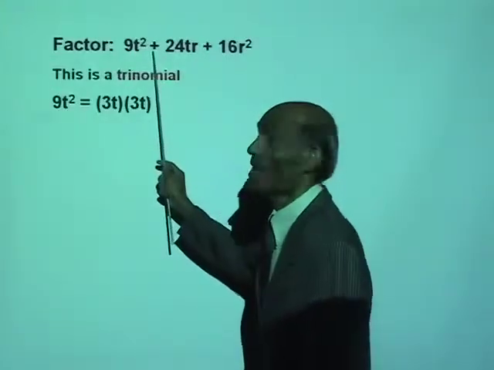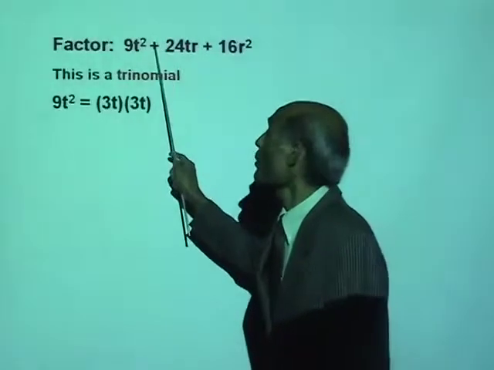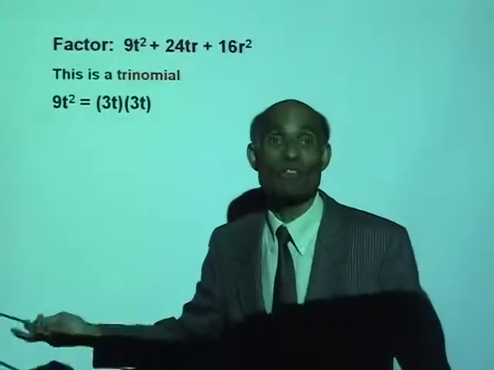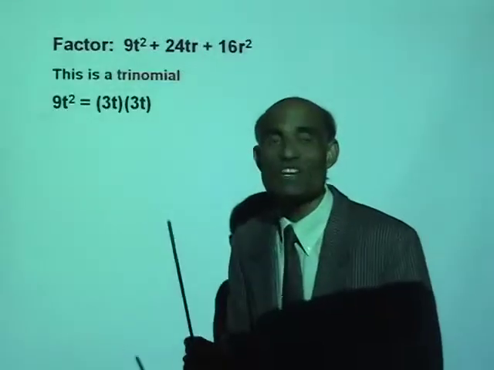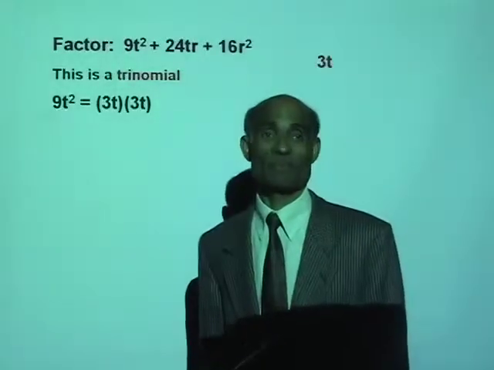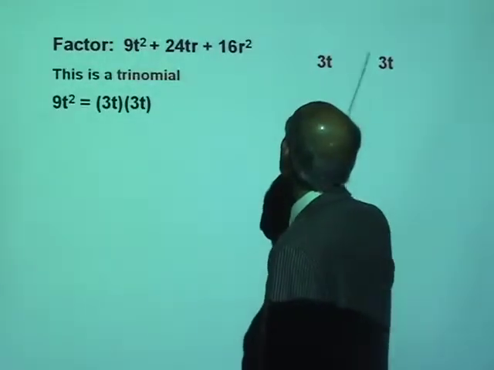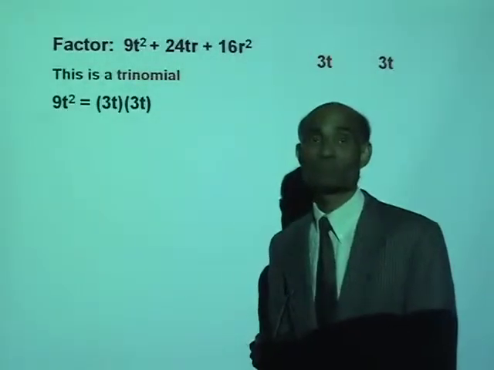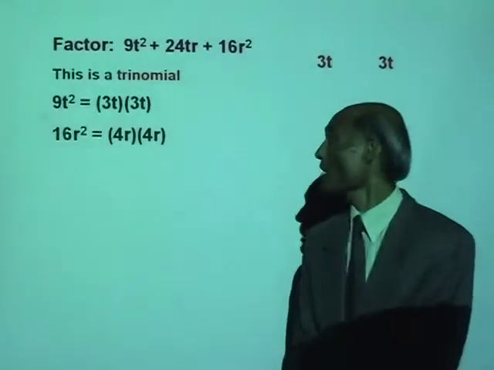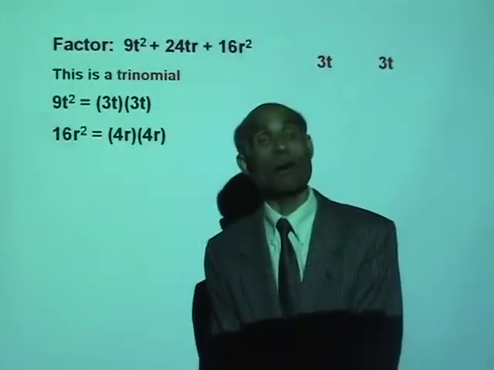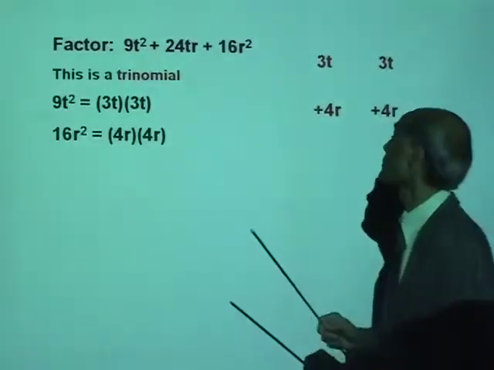Similarly, now, there is no difficulty at all here because all the terms are positive. Alright, how do you factor 16r squared? First of all, write 3t and 3t side by side. 16r squared is 4r times 4r. Write them below each of these.